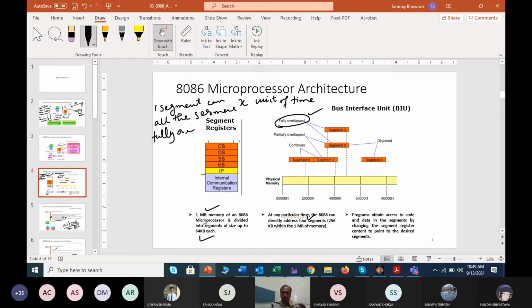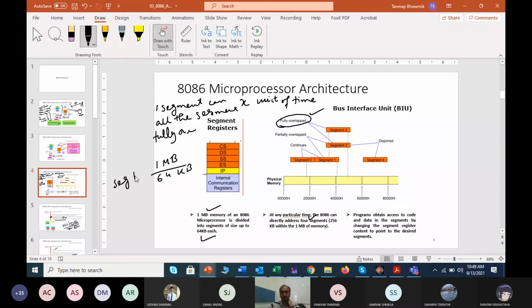Understood? So at that time what you will do is simply divide this 1 MB by 64 kilobyte. So 1 MB by 64 kilobyte will give you how many segments, right? It is actually the segment number. So it is basically 1024 by 64, both in kilobyte. So 16 segments. You are using 4 segments at a time, right?